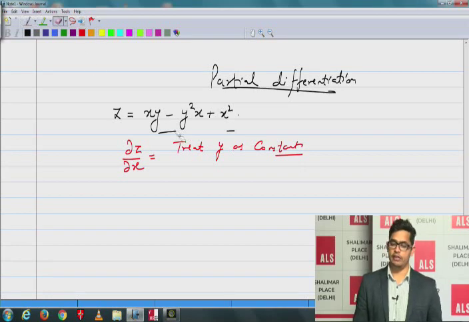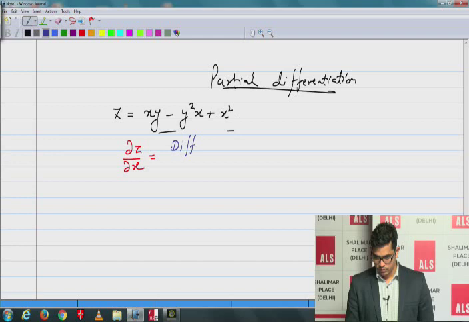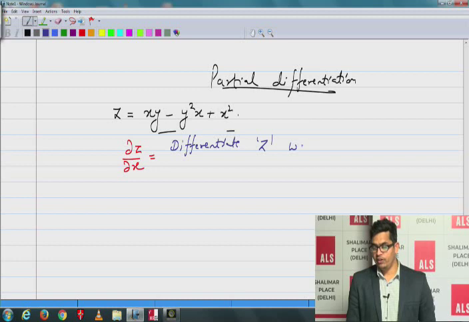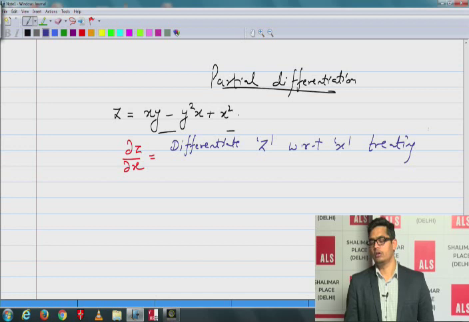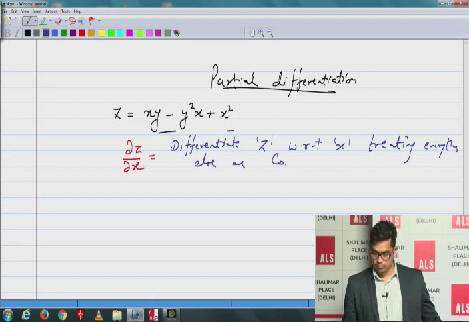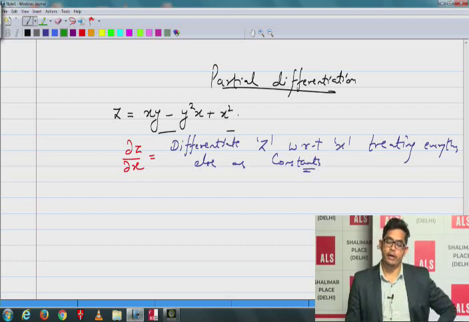Let's write it in a better way. The meaning of this is: differentiate z with respect to x, treating everything else as constants. I will do this question, and I hope by this you will understand.